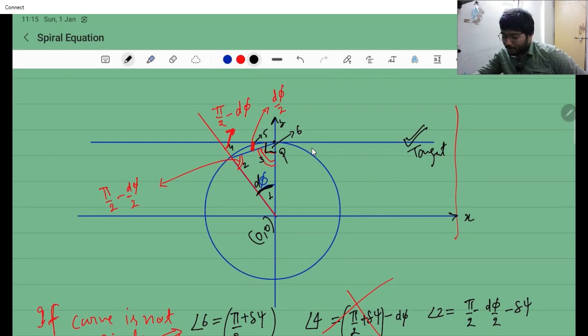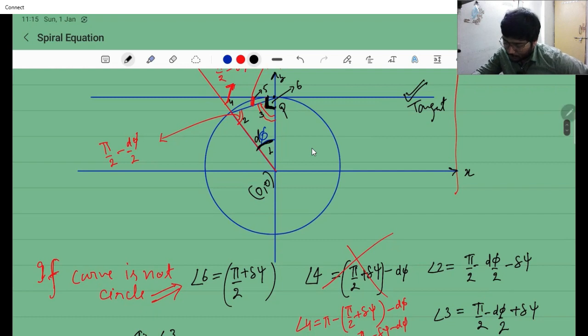But in the case of a spiral, this angle which I have denoted here by 6 is not 90, so I just increase this angle by delta psi here.